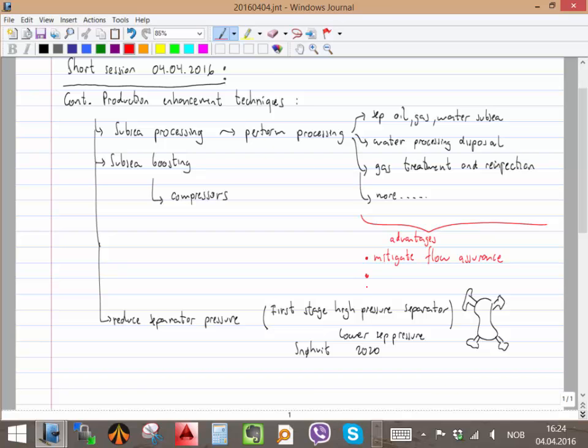If you can dispose of that at the bottom of the sea, then you will be able to produce much more, or to produce in plateau mode for a longer period. So it reduces unnecessary back pressure.